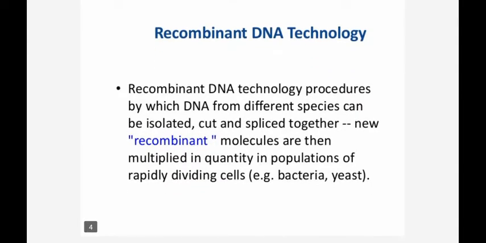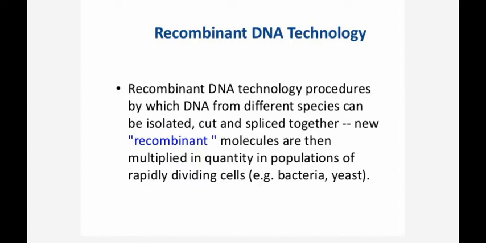What is rDNA technology? It is a technology by which DNA from different species can be isolated, which we want, and we cut and splice it together, and a new recombinant DNA molecule is formed.